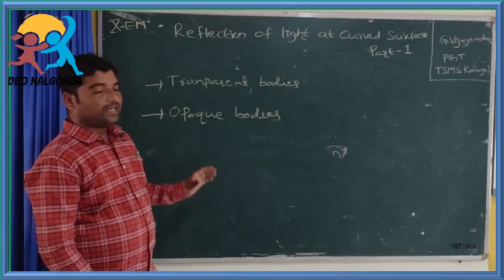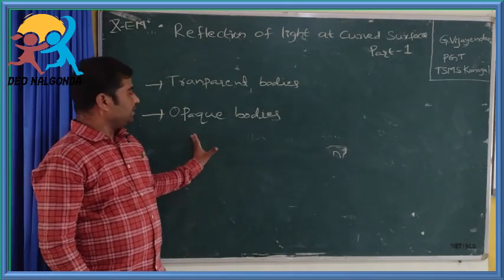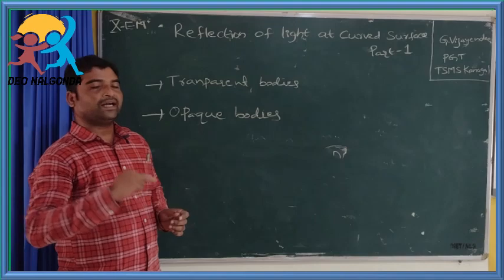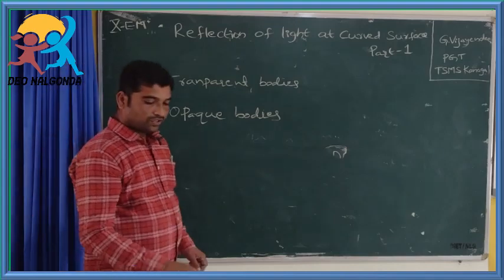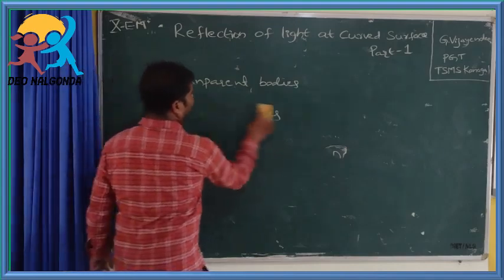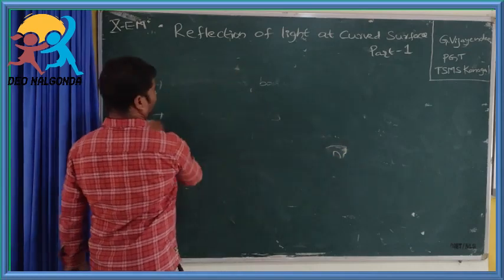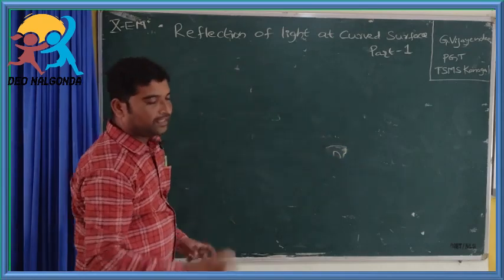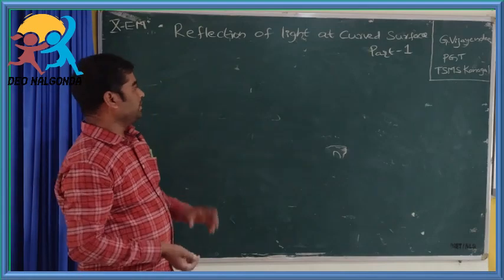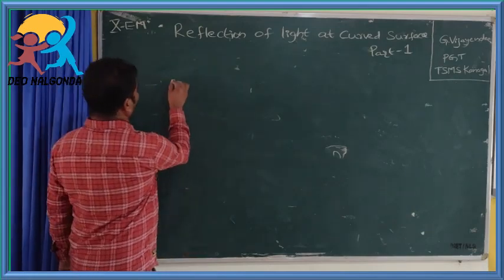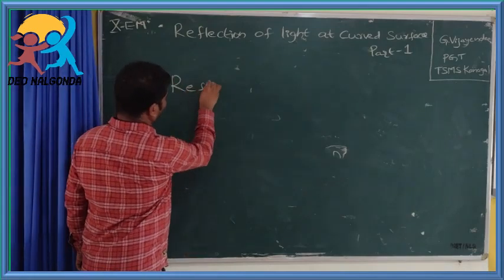Here, when the light is incident on the opaque body, it returns back into the same path. This phenomenon, when light is incident on an opaque surface and returns into the same medium, is called reflection of light.